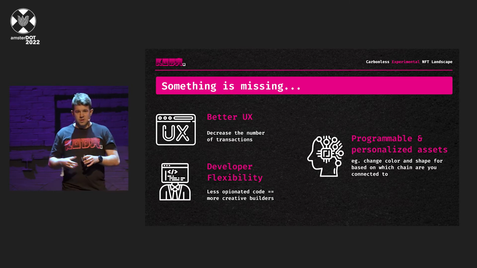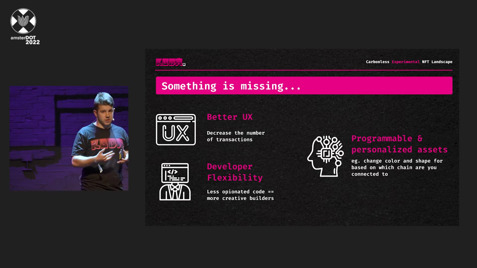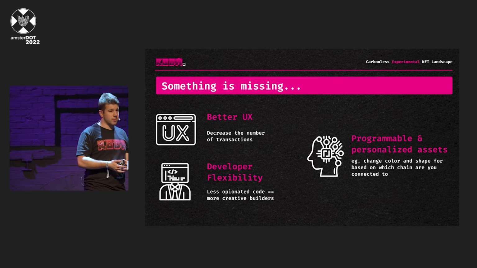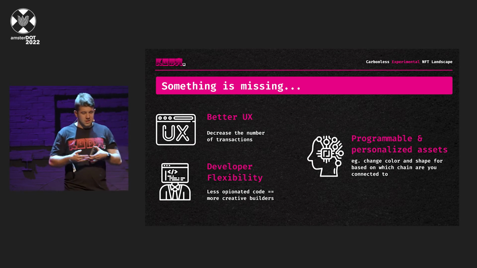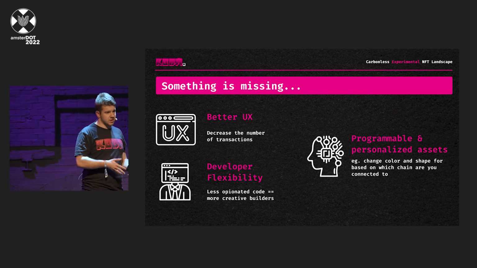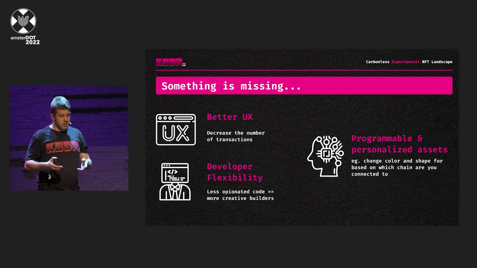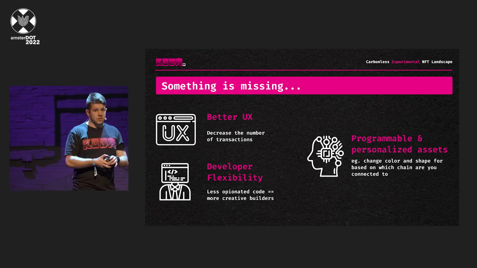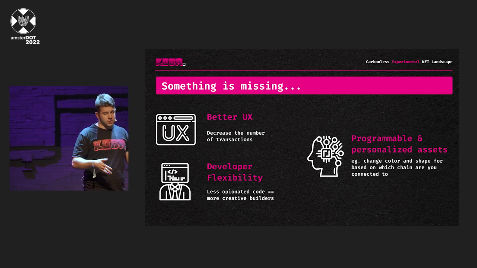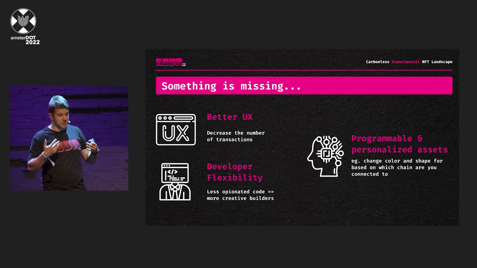Also, if you played with some NFT pallets in Substrate, for example on Statemine or on Basilisk, you see that they are super opinionated and built for one specific use case, basically NFT marketplaces. But with less opinionated code, we allow developers to be more creative and to create nicer apps.